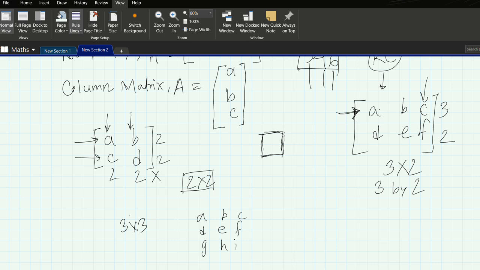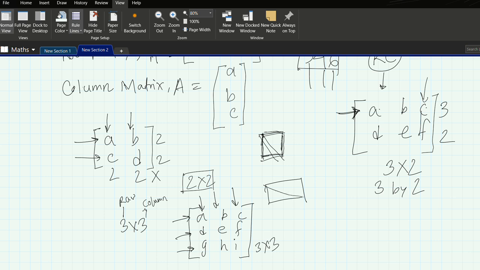There are 3 rows and 3 columns, just like 1, 2, 3 rows and 1, 2, 3 columns. If you put this in a third bracket, we'll call this a 3 by 3 matrix. Just like in a square there is a diagonal, or even in a rectangle there is a diagonal, these 3 are in between a diagonal shape.